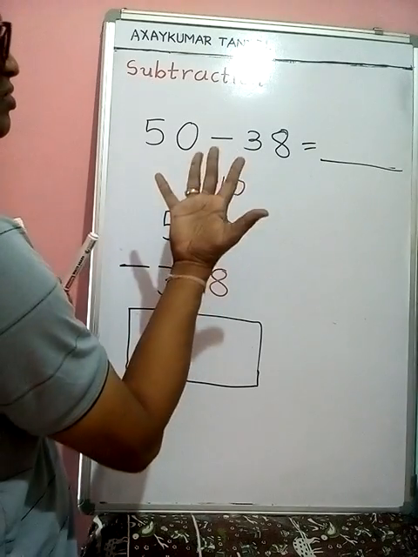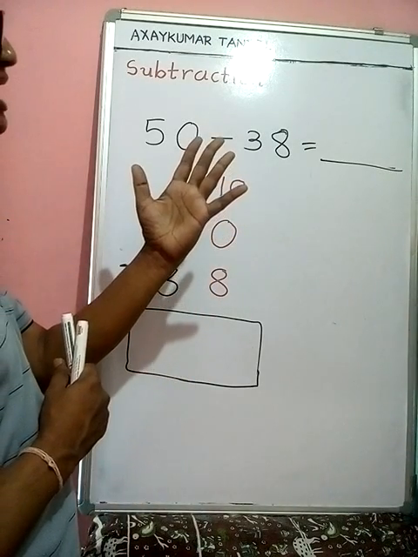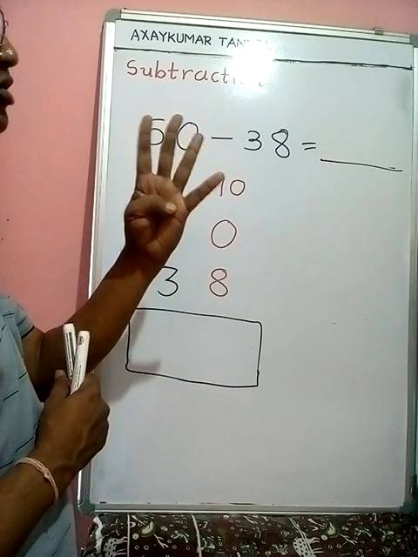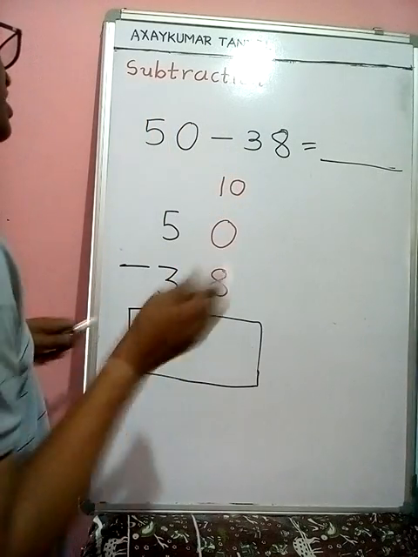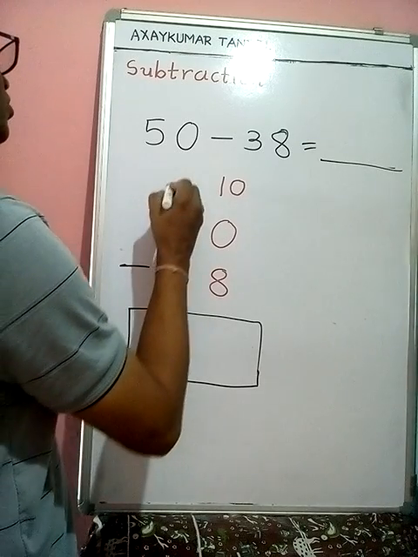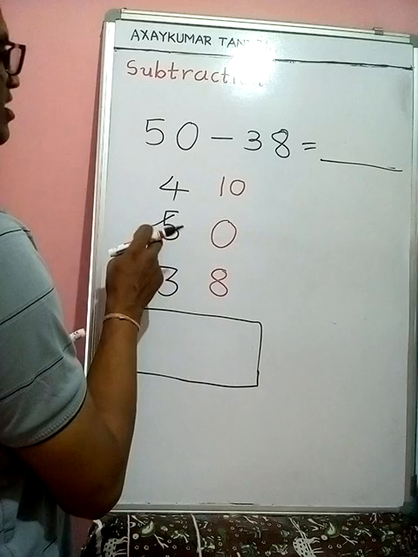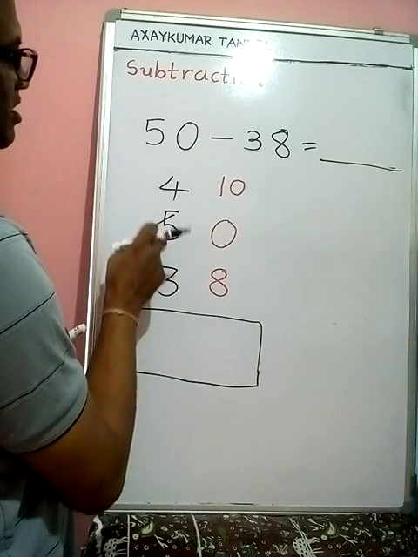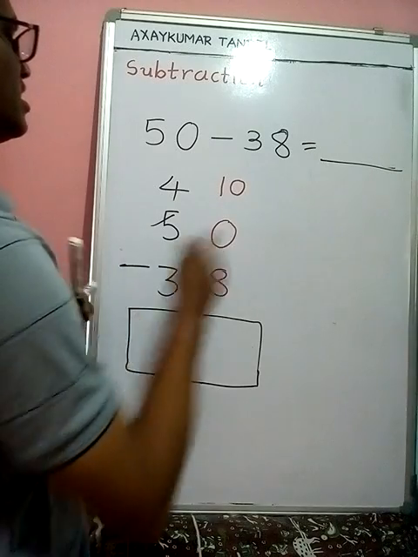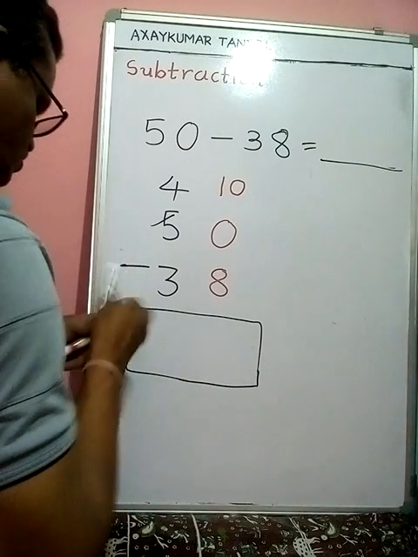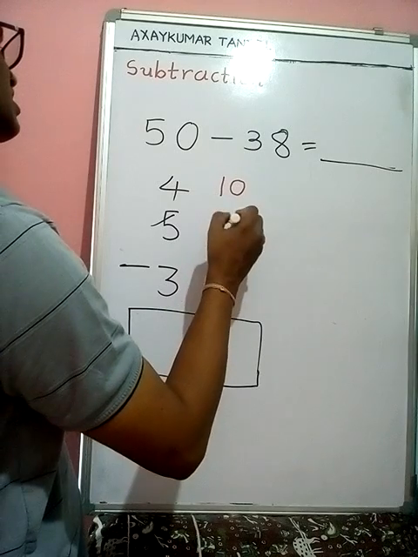Therefore 5 has 1 ten less. How many? 4. 5 minus 1 is equal to 4. Here 10 plus 0 is equal to 10.